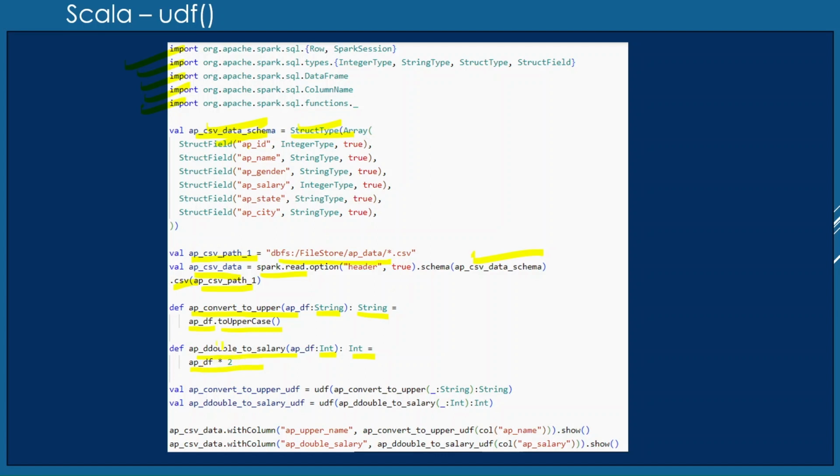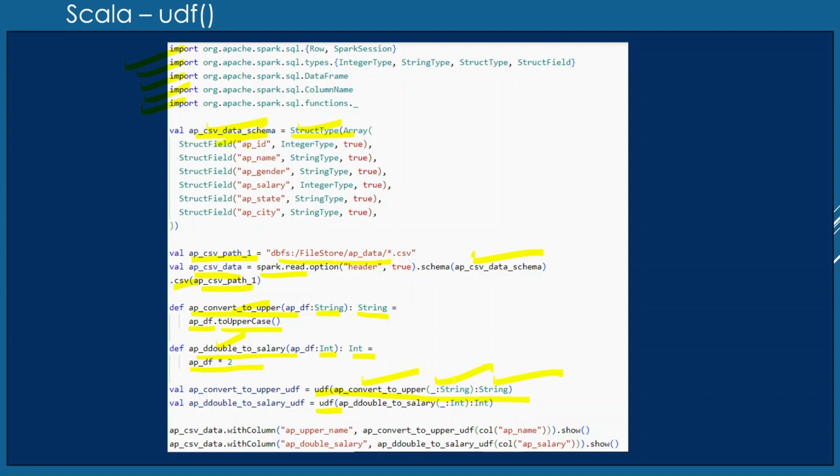Once both functions get created, I am registering them with the help of the UDF function. So how can we register a UDF in Scala? First, give the name of the function, and then what is the input type? The input type here is string, and what is the output type?